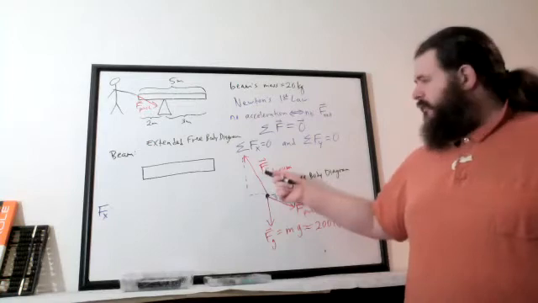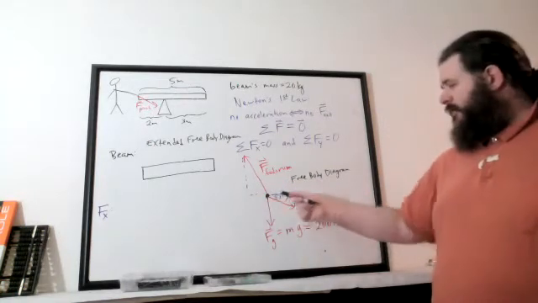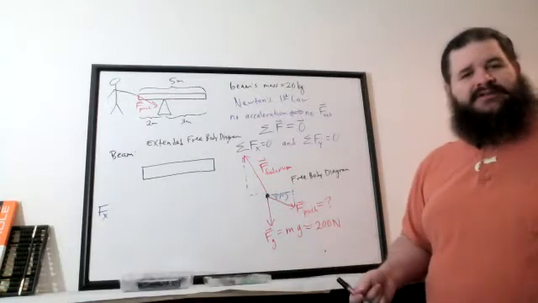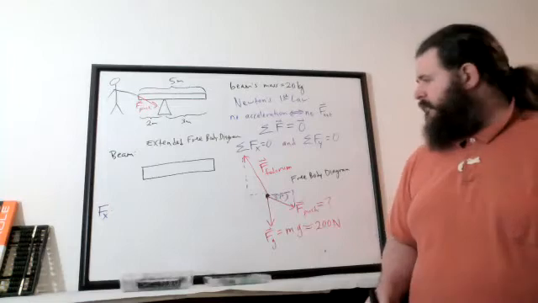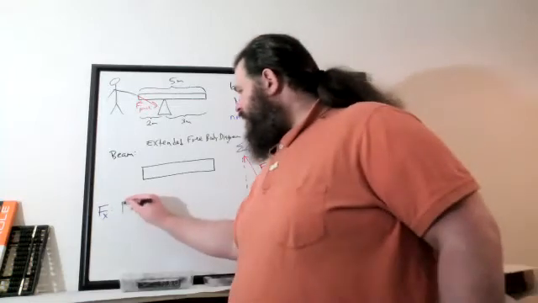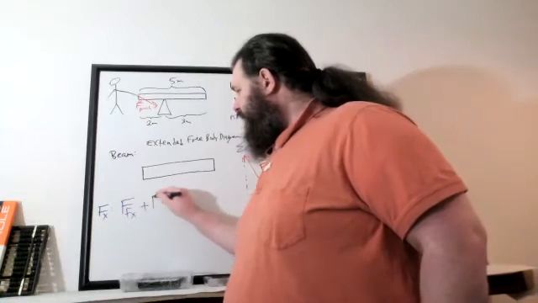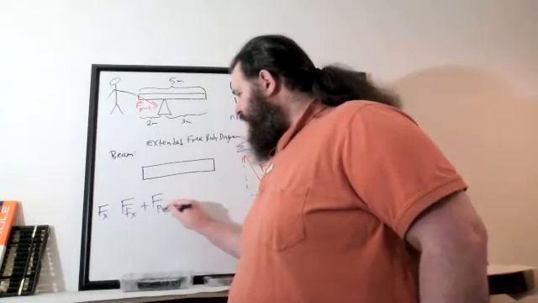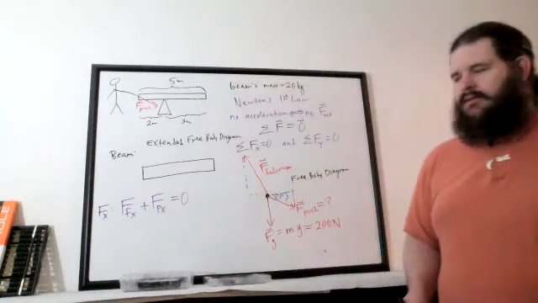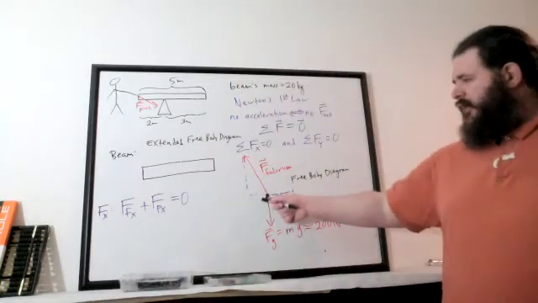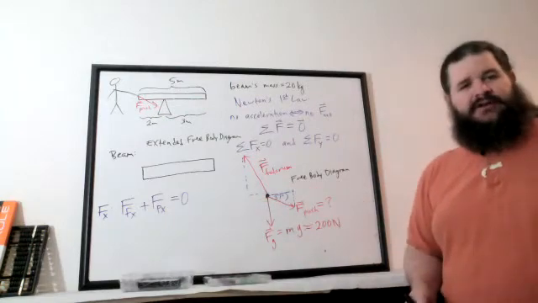We just got force from the fulcrum has an x component in the negative direction. Force of the push has an x component in the positive direction. So those two x components have to add up to 0. Let's say force of the fulcrum in the x direction plus force of the push in the x direction add up to 0. That's one equation. It's still got these two unknowns. We don't know the force of the fulcrum in the x direction, and we don't know the force of the push in the x direction.